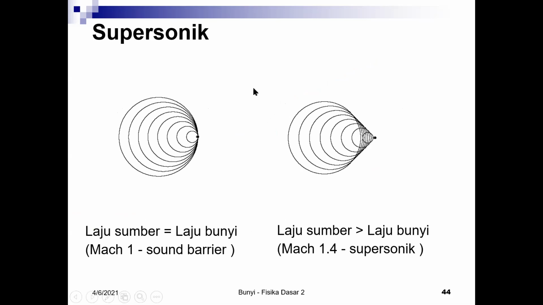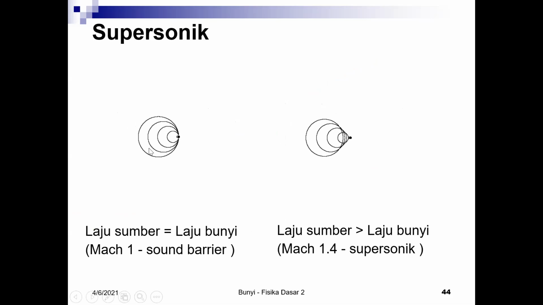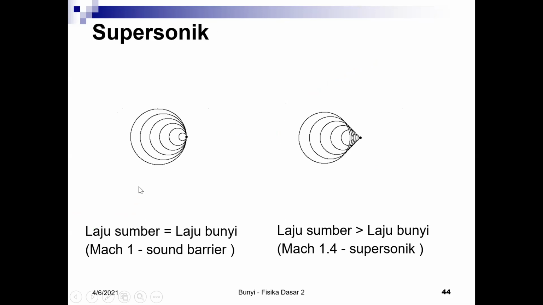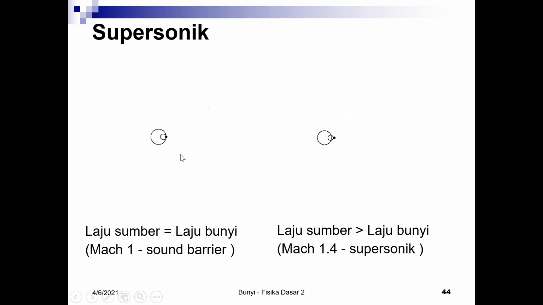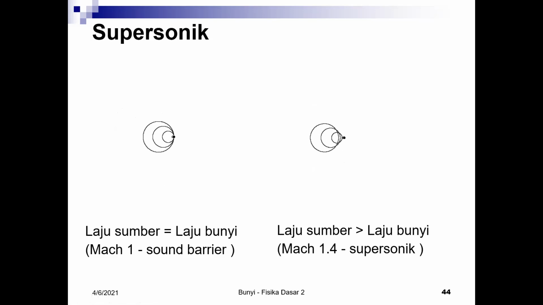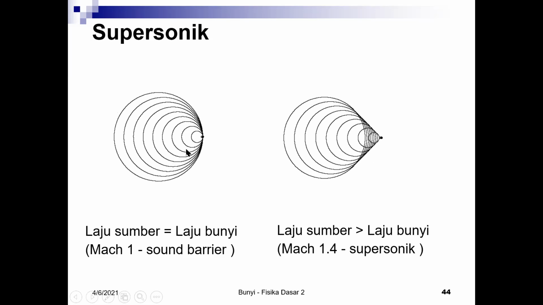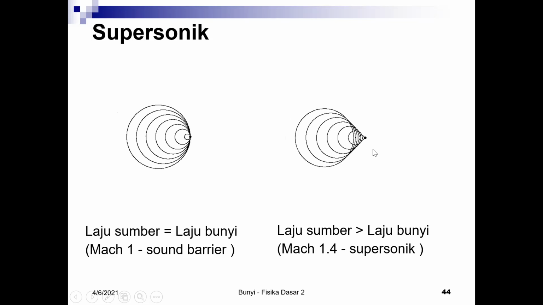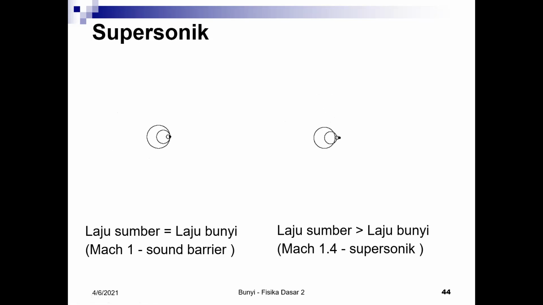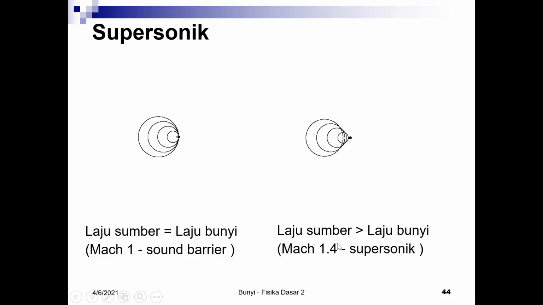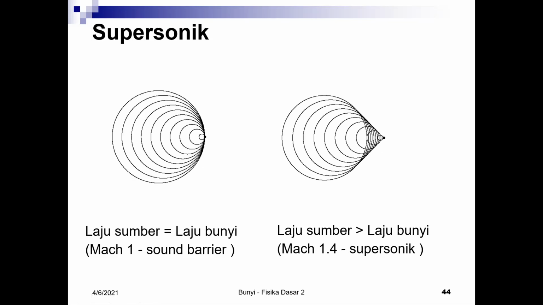If the speed of the source is equal to 1 Mach, which is the same as the speed of sound, there is no cone here. But the cone will form if the speed of the source is above the speed of sound. This is 1 Mach, the sound barrier, and this is called supersonic speed.